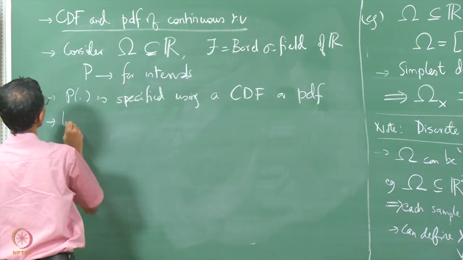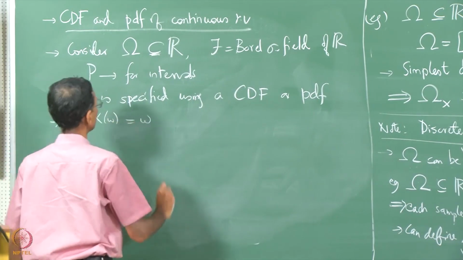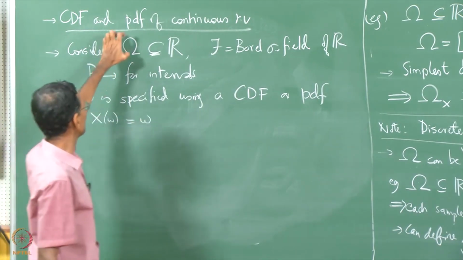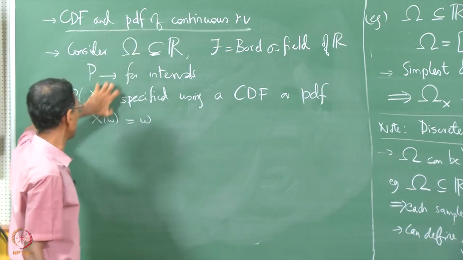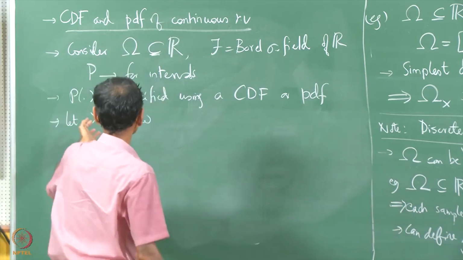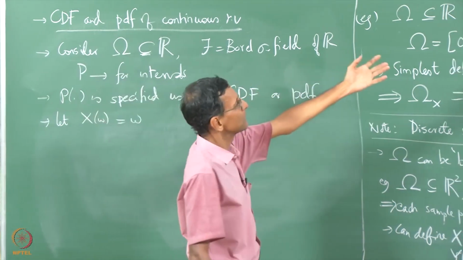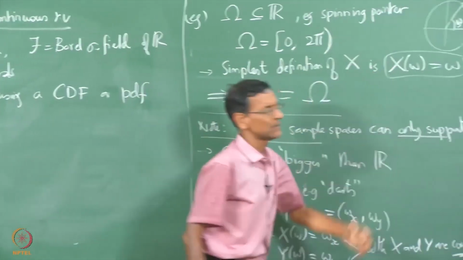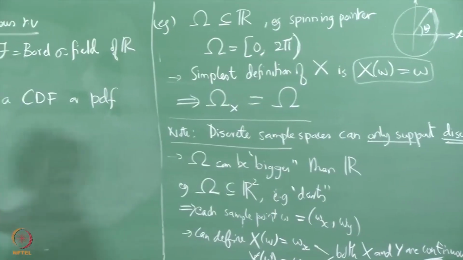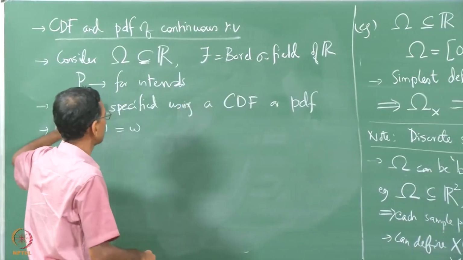So let us look at the simplest case of X of omega equal to omega. Together with this capital omega and this X, we have defined the random variable X, which is exactly what I wrote out here, and now we want to attach the CDF to it.